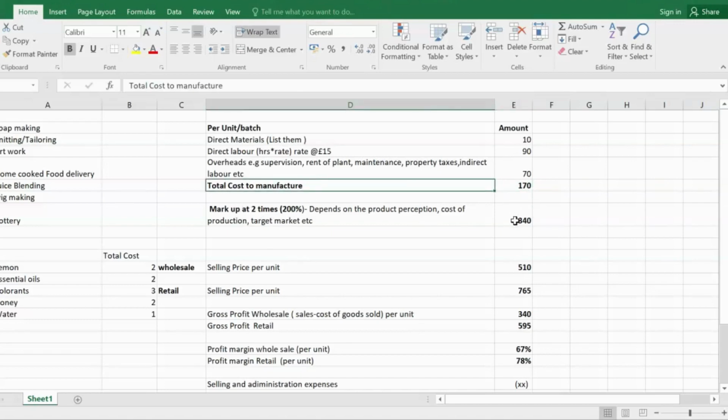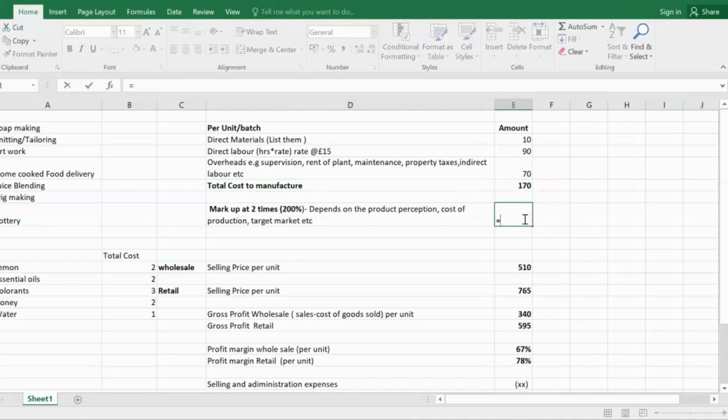Okay, so your markup is 2 times 170, which gives us 340. Therefore, the price per unit for wholesale is equal to 340 plus the cost. So markup plus cost gives us the selling price.